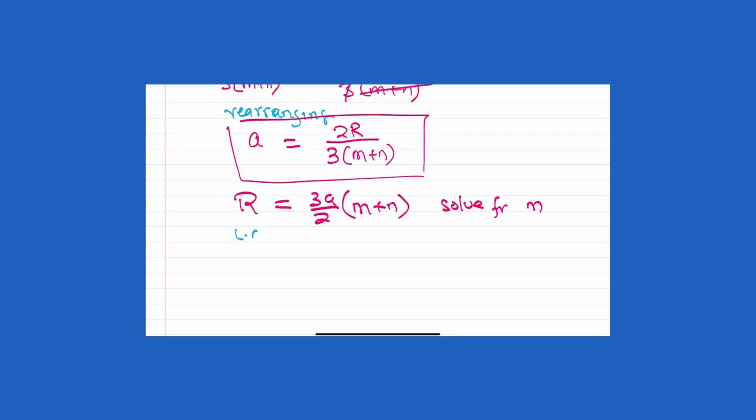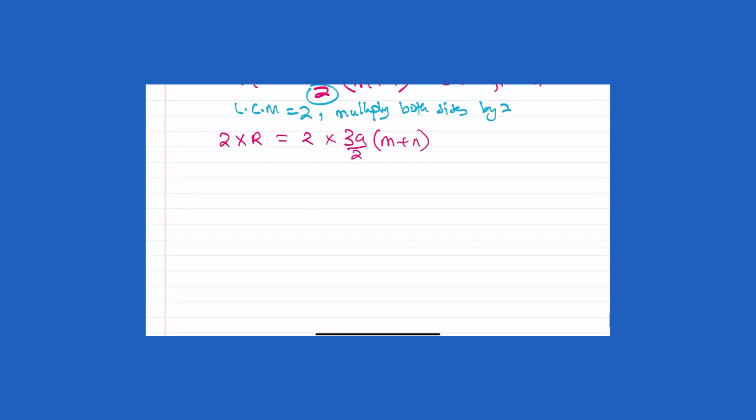So we have our LCM because of these two, equals to 2. And when solving that, we are going to say multiply both sides by 2. When we multiply both sides by 2, 2 times r is equal to 2 times 3a over 2 × (m + n).